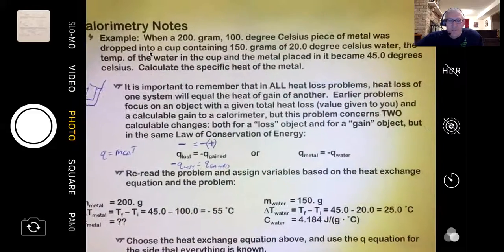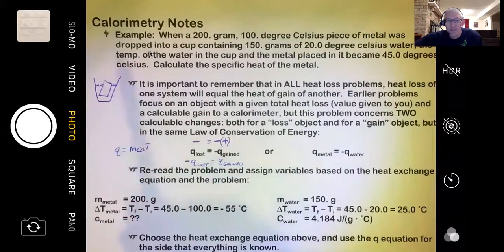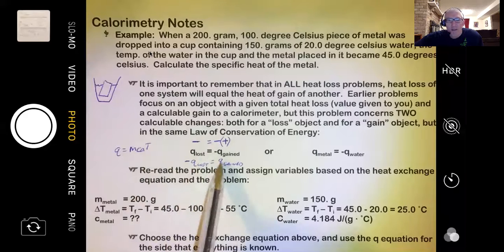So with a problem like this, where you have not just one object but two, the metal, which is losing, and the water, which is gaining energy, you just have to decide that one side of the equation is negative and the other side is left alone. It doesn't matter which side.